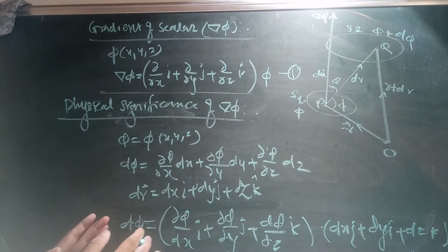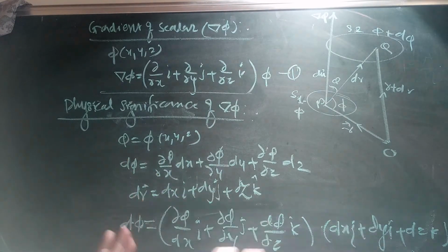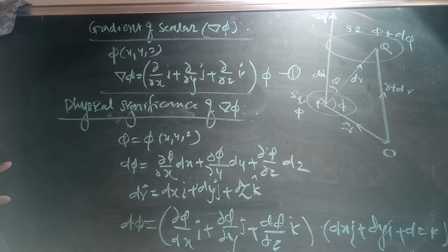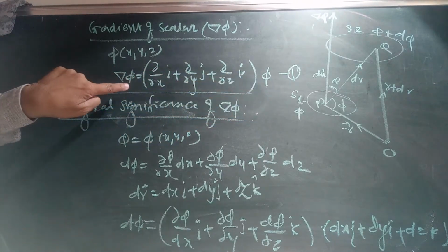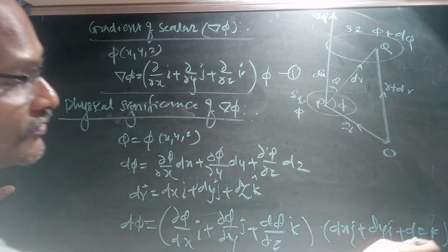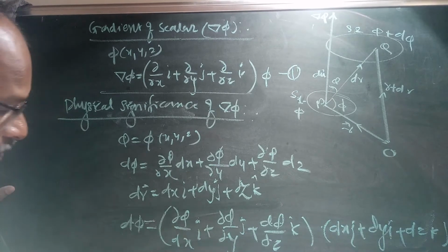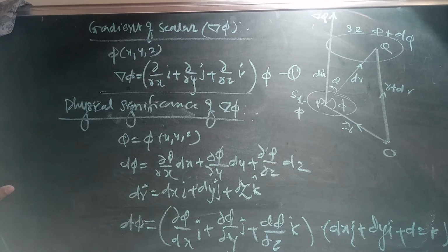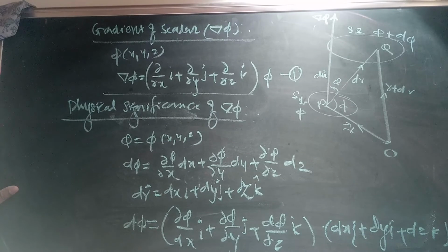I will split this term in this manner. What is this first quantity? This is del phi. So this is del into phi, and dot dr.